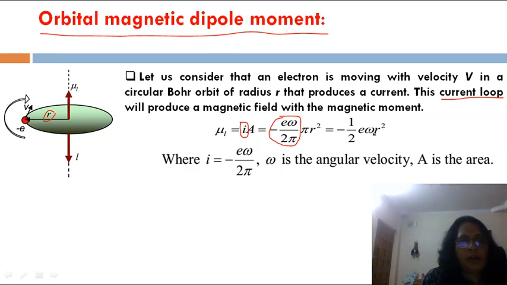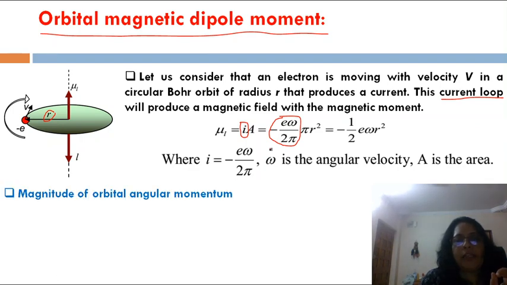Therefore, if the electron is revolving in the xy plane, the magnetic field is generated in z direction. That leads to magnetic moment, and the value of the magnetic moment is taken to be minus 1 by 2 e omega r square, where omega is angular velocity and r is radius.